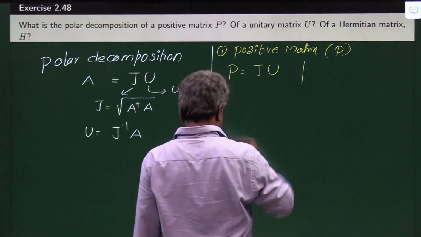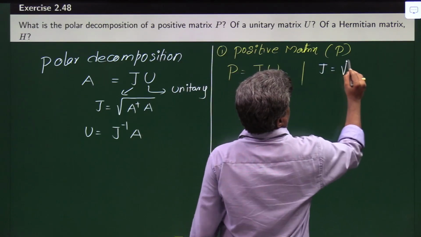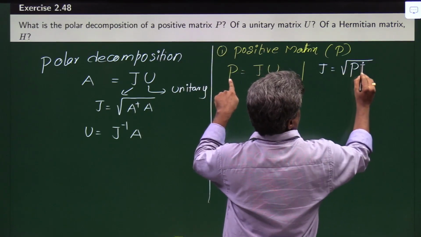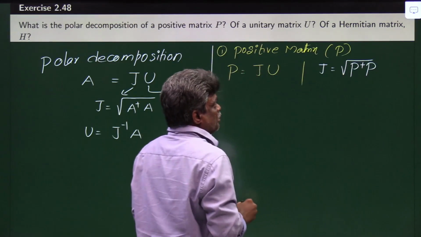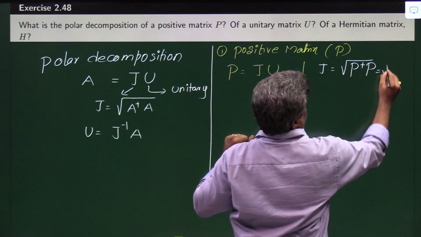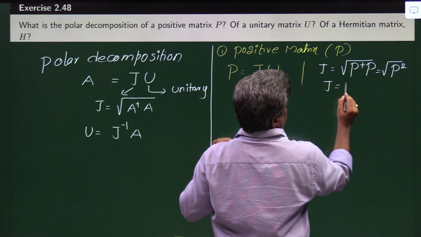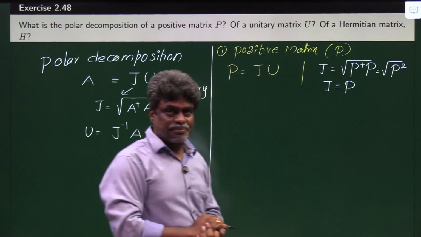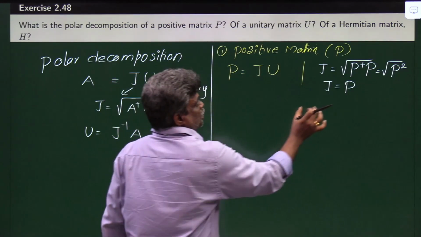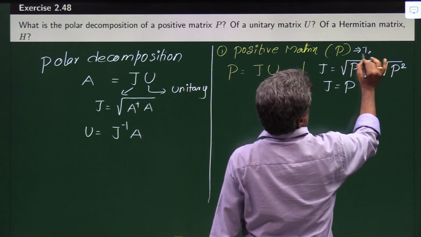According to the definition, J equal to the square root of P dagger into P. Since it is a positive matrix, it is Hermitian, so we can write this as the square root of P square. Then J equal to how much? P.